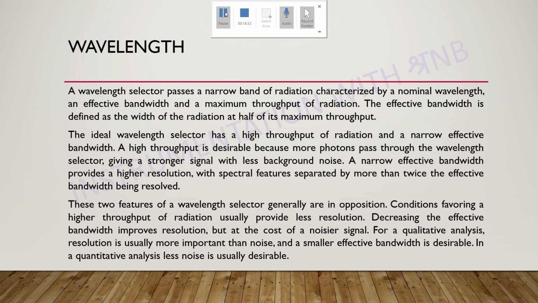If we increase the throughput of radiation, we'll have a broad effective bandwidth, and if we want a narrow effective bandwidth, we have to decrease the source of radiation, like we have to select the wavelength. So these two features of the wavelength selector generally are in opposition. Conditions favoring a higher throughput of radiation usually provide less resolution.